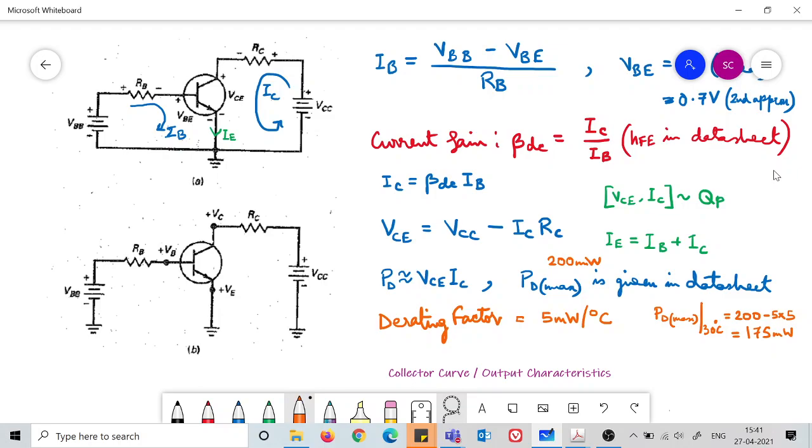Now certain points are there. IE equals IB plus IC. There is also a parameter which is called the alpha parameter. Let me define it in a proper manner.